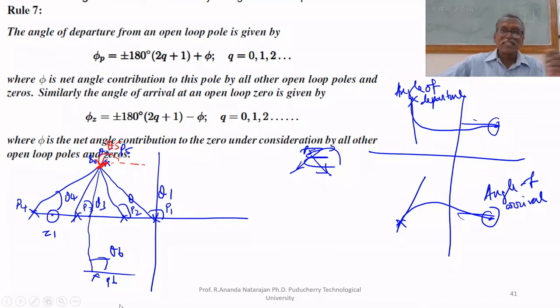We know that S0 is on the root locus. Therefore, if you add all these angles, it must be equal to (2q plus 1) multiplied by 180.